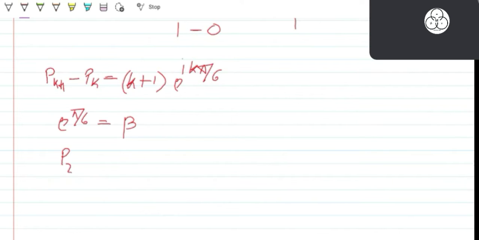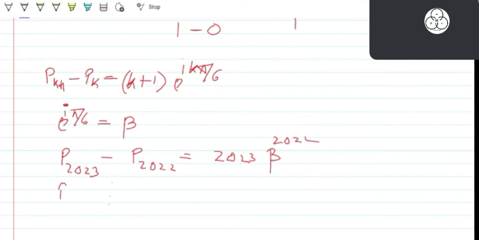So let me write P2023 minus P2022 is 2023 beta to the power 2022, right? So on we will write.